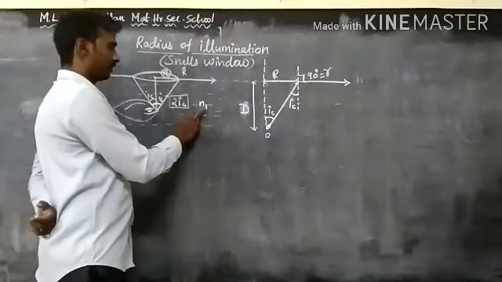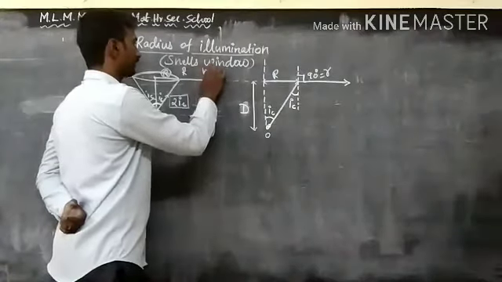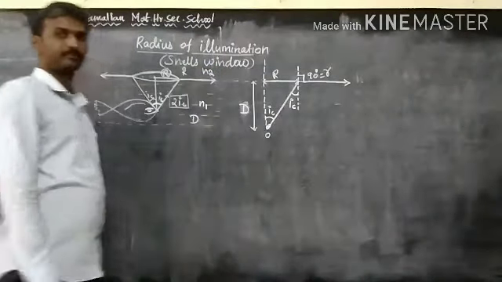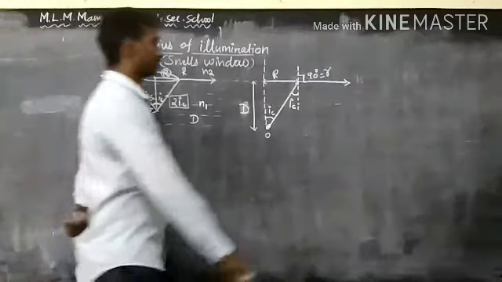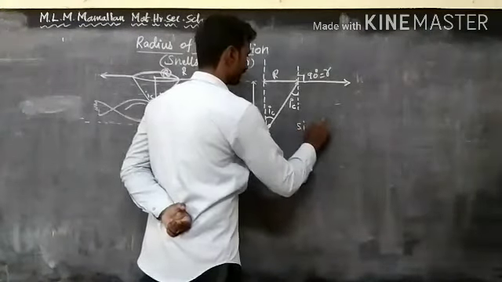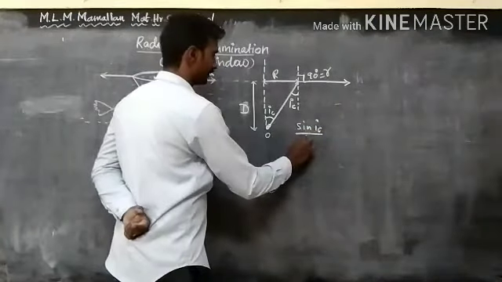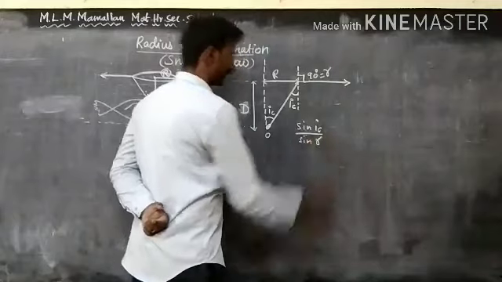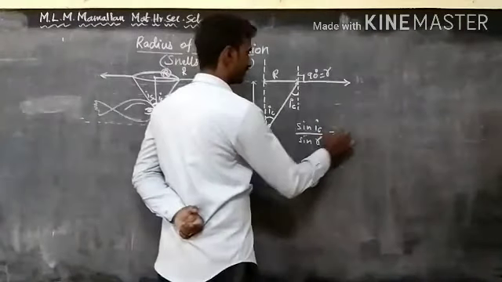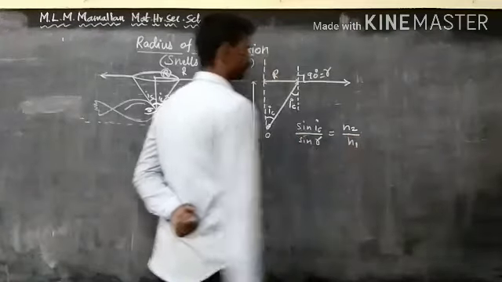Therefore, N1 is the refractive index of the first medium, and N2 is the refractive index of the second medium. According to Snell's law, sine of angle of incidence IC to the sine of angle of refraction R is equal to N2 divided by N1.